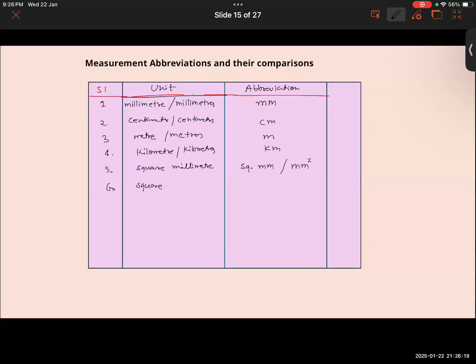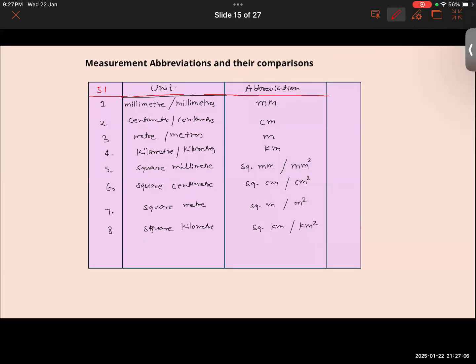For square centimeter, you can write sq. cm, or cm with 2 on top. For square meter, sq. m, or m with 2 on top. For square kilometer, sq. km, or km with 2 on top. You getting it now?